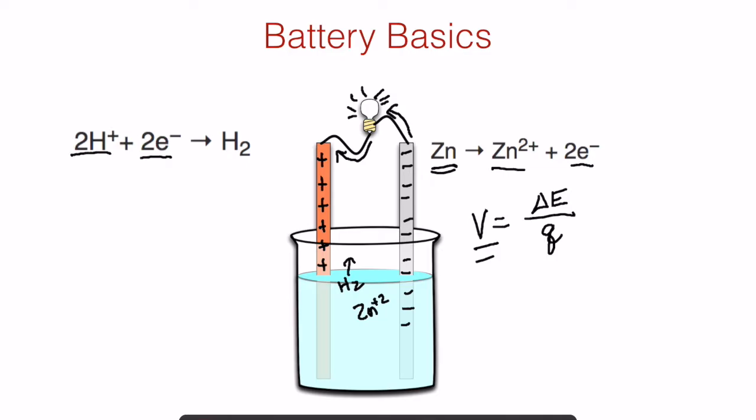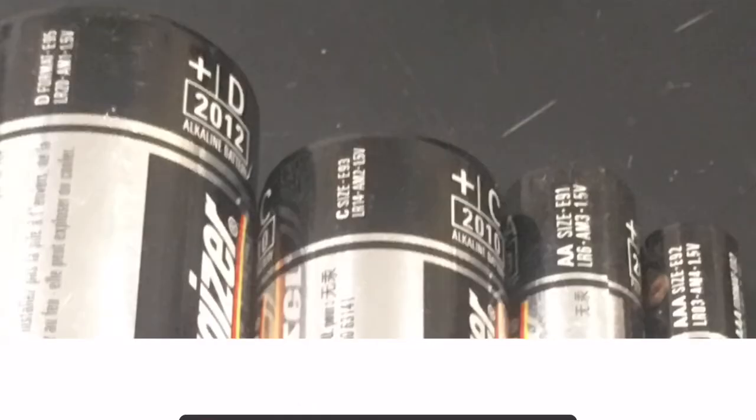Okay, so that is your basic battery information. I want to remind you that D batteries are 1.5 volts, C batteries are 1.5 volts, AA and AAA are all 1.5 volts. This reminds us that the volume of the battery does not affect the voltage.